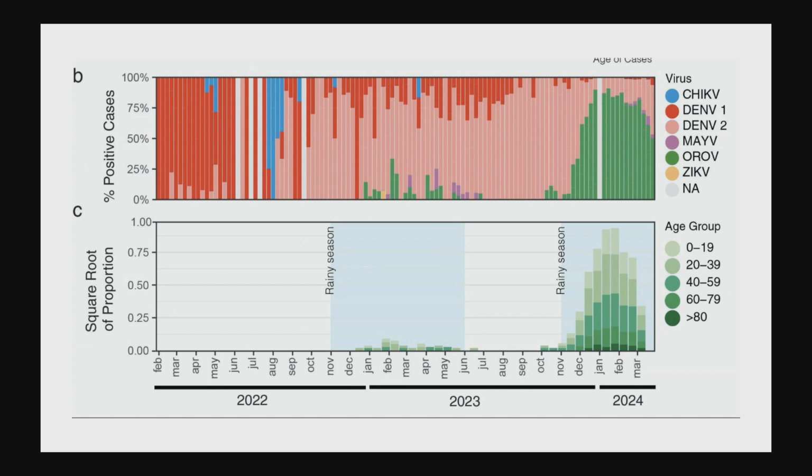And here you may see that in the very end of 2023 and the beginning of 2024, almost all cases that were suspected for arbovirus infection in the Amazonas state were caused by Europush.